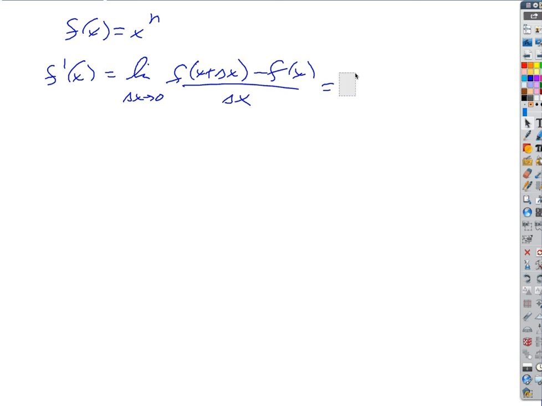What are we going to get here? I used delta x here instead of h, that was kind of dumb, but oh well. They're interchangeable, delta x and h.